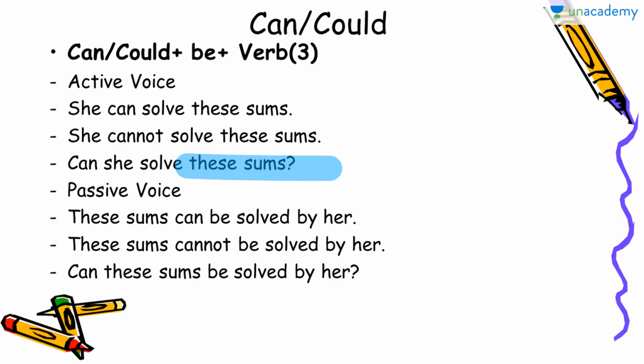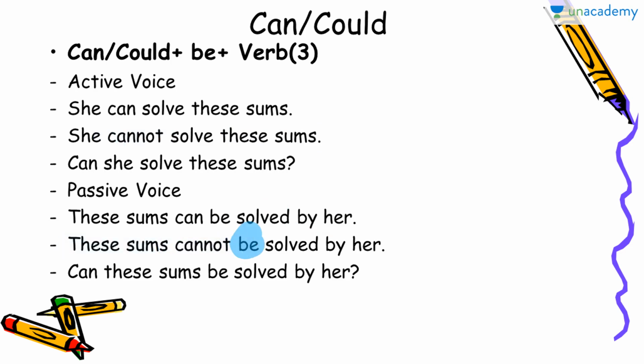In passive voice, when we change these sentences, the object will come at the start. So these sums came at the start over here. Then can remains as it is. Then solve becomes solved, but before it we put be. Then solved, the third form of the verb, and then by her. Again, these sums, which was the object in the second sentence, comes at the start, cannot remains the same.